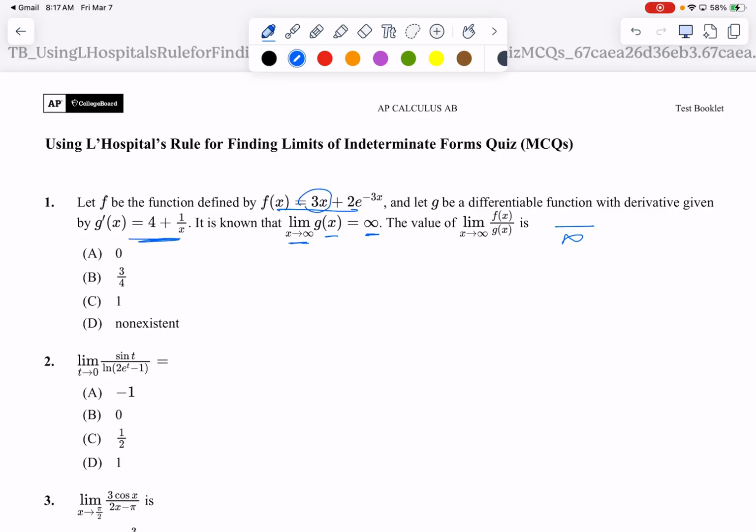Well, this is 3x plus 2e to the negative 3x. When you approach infinity, remember it always has to behave according to what leads the dance. What leads the dance? The one with the highest power, or what did I tell you is the most powerful function in mathematics no matter what? I told you the other day when we did L'Hopital's rule: e to the x, or any exponential function, 2 to the x, 3 to the x.